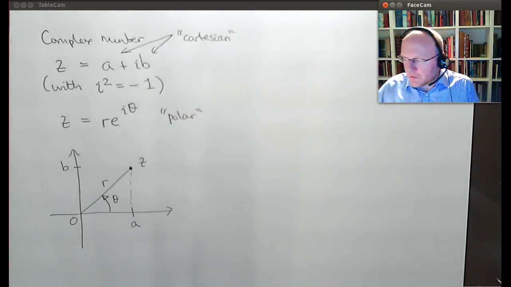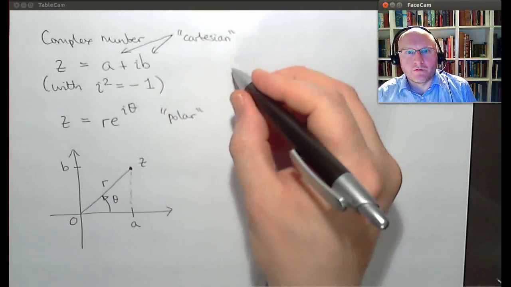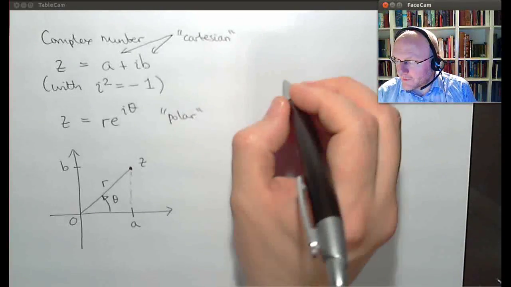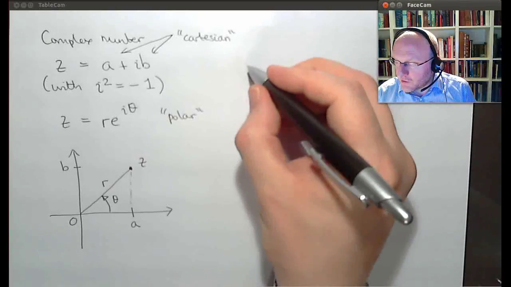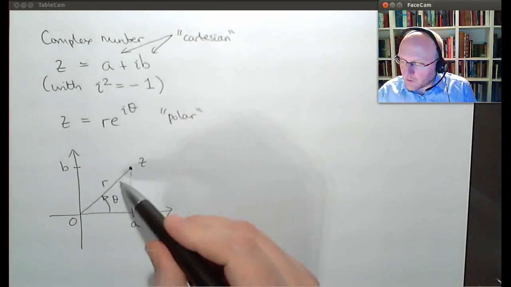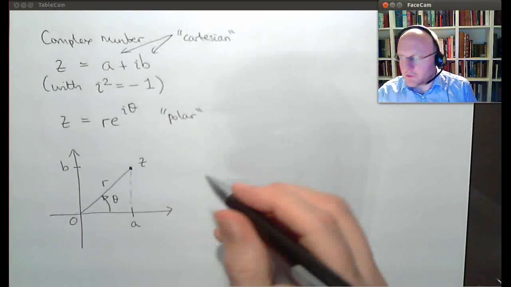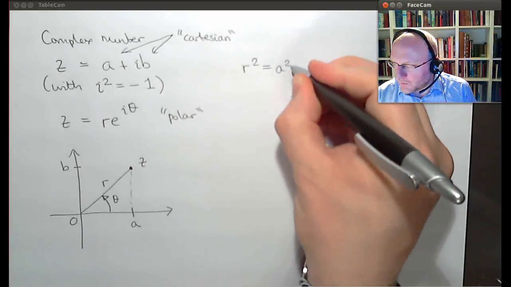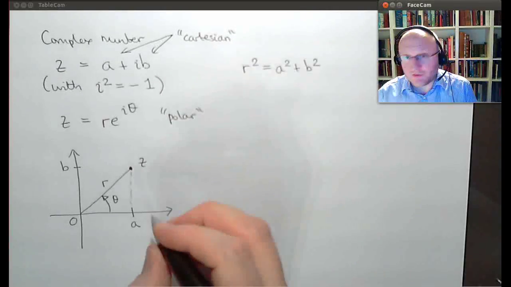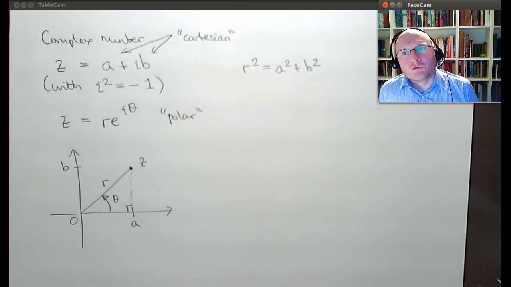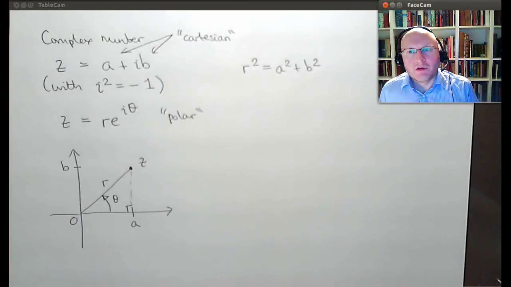So let's just briefly confirm how the Cartesian and polar coordinates are connected. If we want to convert from Cartesian to polar coordinates, then we need to know r, which is the length of this hypotenuse. Well, we know from Pythagoras that r squared must be a squared plus b squared, and the reason we're allowed to do that is that we have a right-angled triangle if we've got a and b as our Cartesian coordinates.